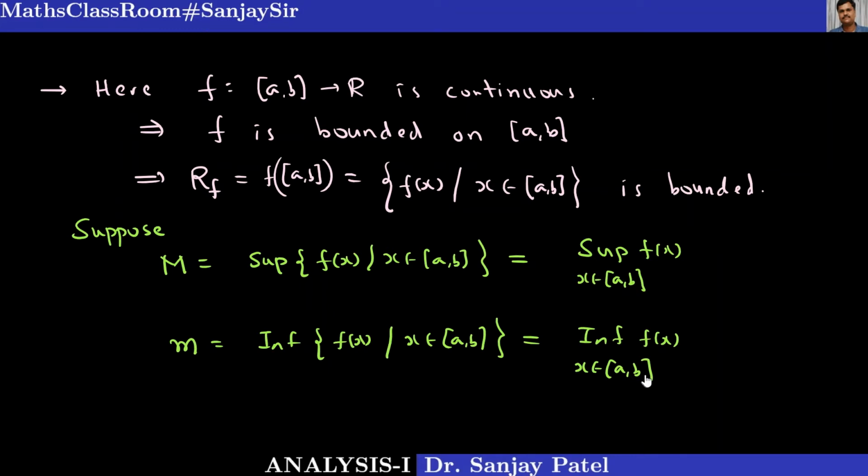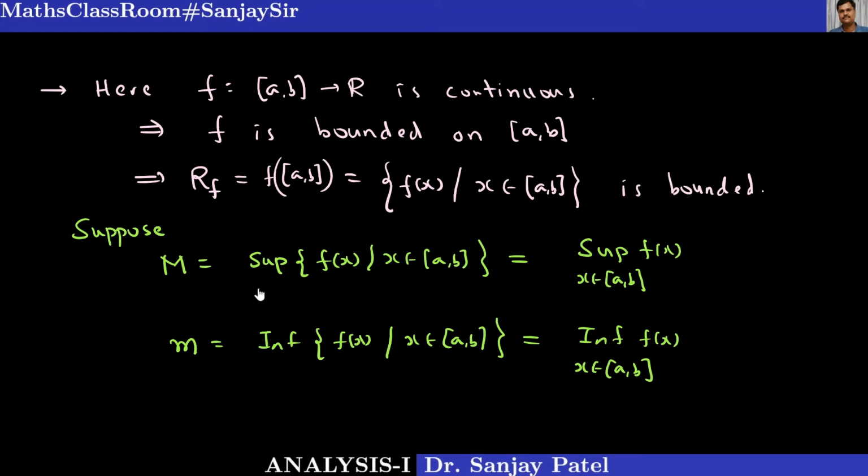So these two numbers, LUB and GLB, of the range set of this function exist. We want to prove that for some point this capital M is obtained, and for some another point in the domain the value small m is obtained. I will be proving the result only for, say, maximum, and same way you can prove it for minimum.